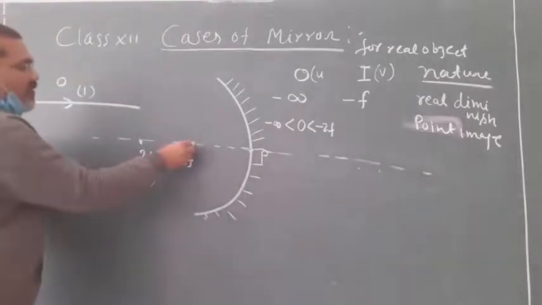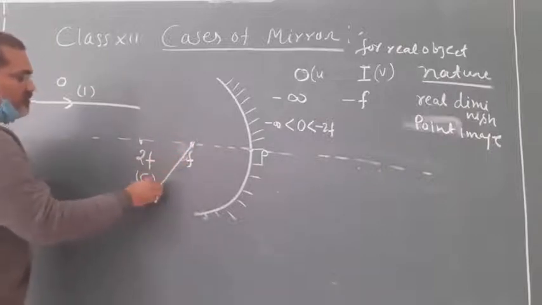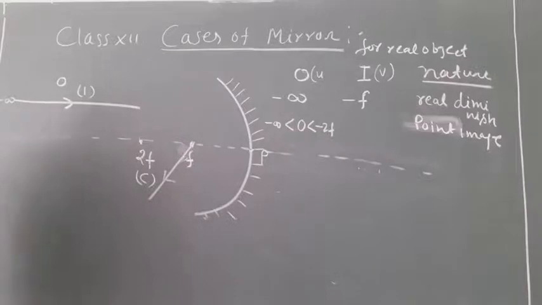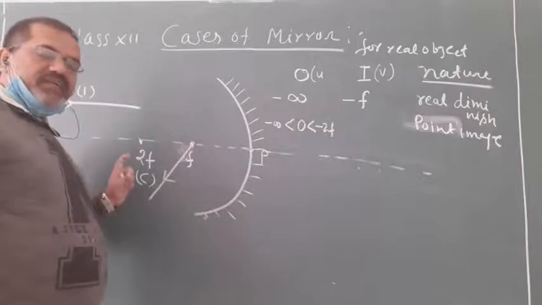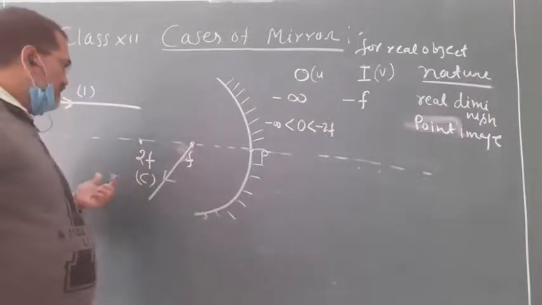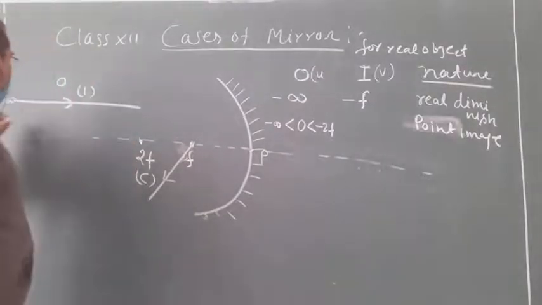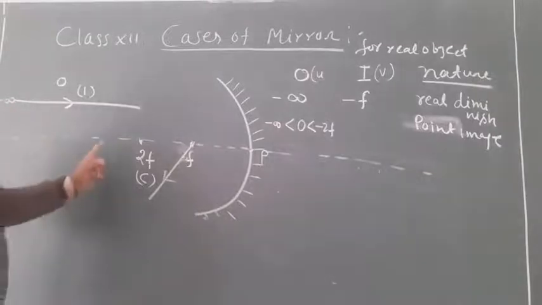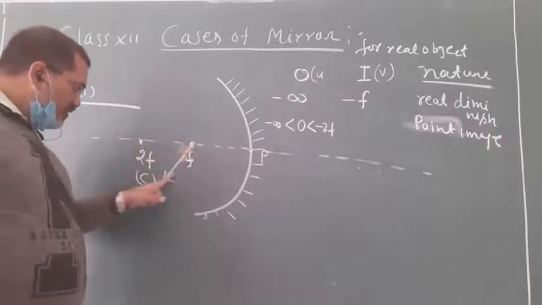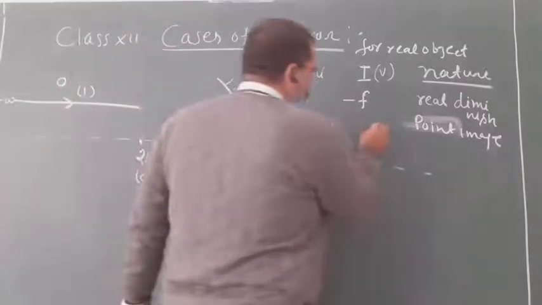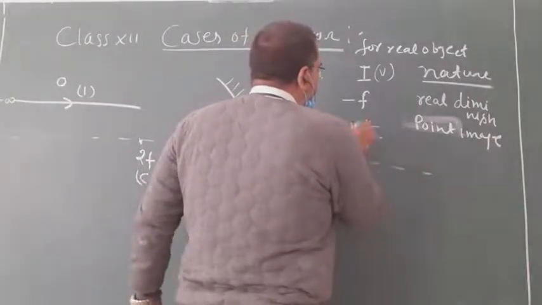So image will go from focus to 2f. As we know, at the center of curvature, image will be inverted and the same size, so size of object and size of image will be same here. So as object moves from minus infinity to center of curvature, image will go from focus to 2f.